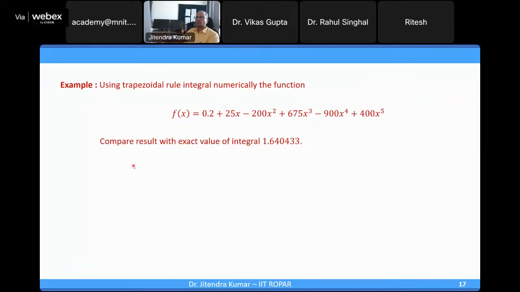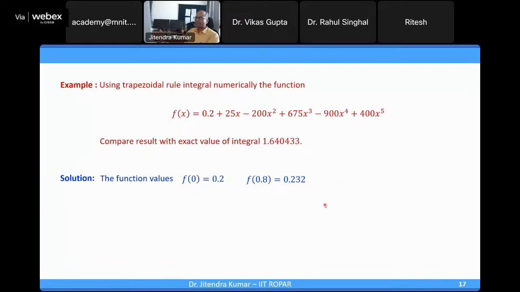Well, let's look at this example, where using the trapezoidal rule we want to numerically integrate this function. Here we have the exact solution also, and we integrate between 0 and 0.8. The value of f(0) is 0.2.